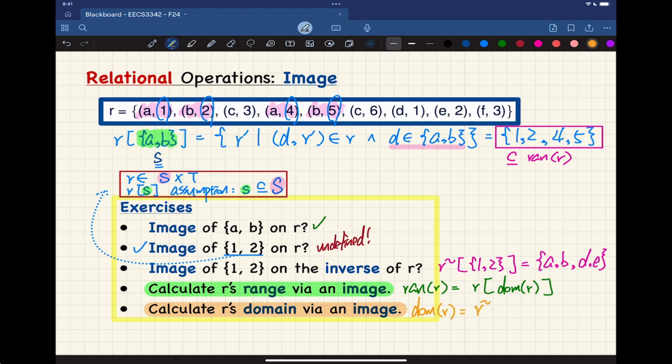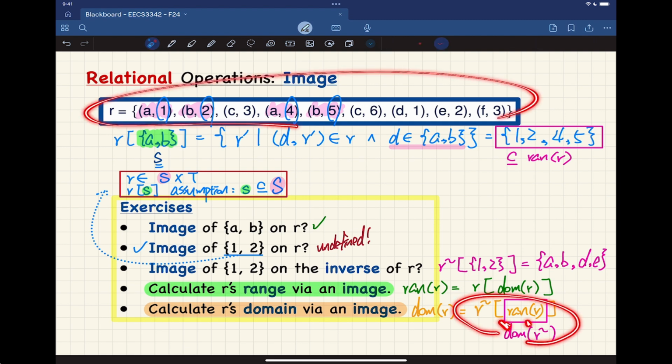And then we want to take the image of the range of R. This one, think about it. And there's a variant to this. Here, you can also replace it, based on our algebraic property earlier, right? Over here. You can also say that's the domain of R inverse. What I would suggest is, for this one, it might seem a little bit trickier. Apply this to the relation here to see if that's really the case, okay? But if you can think abstractly, that's also good, even better.